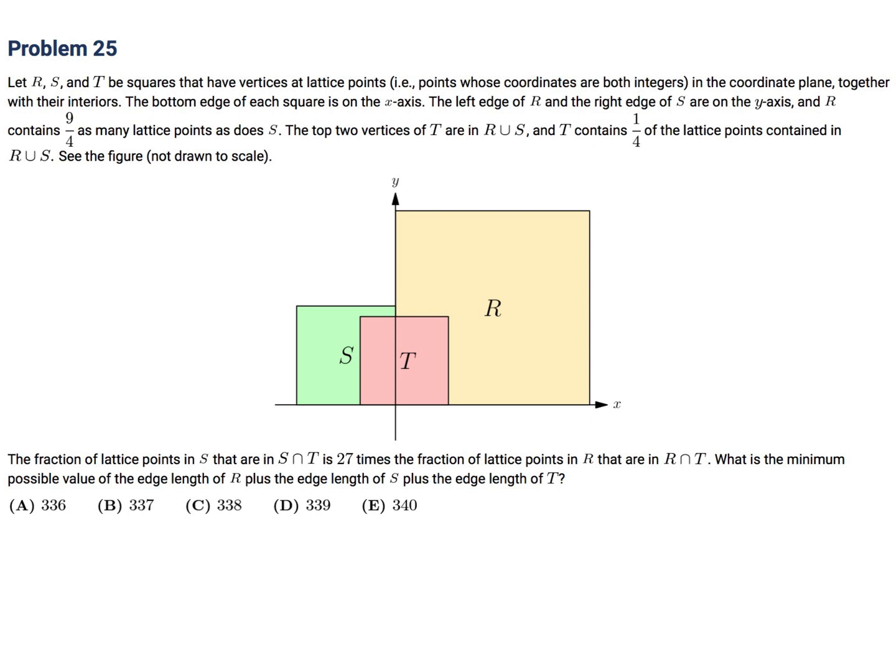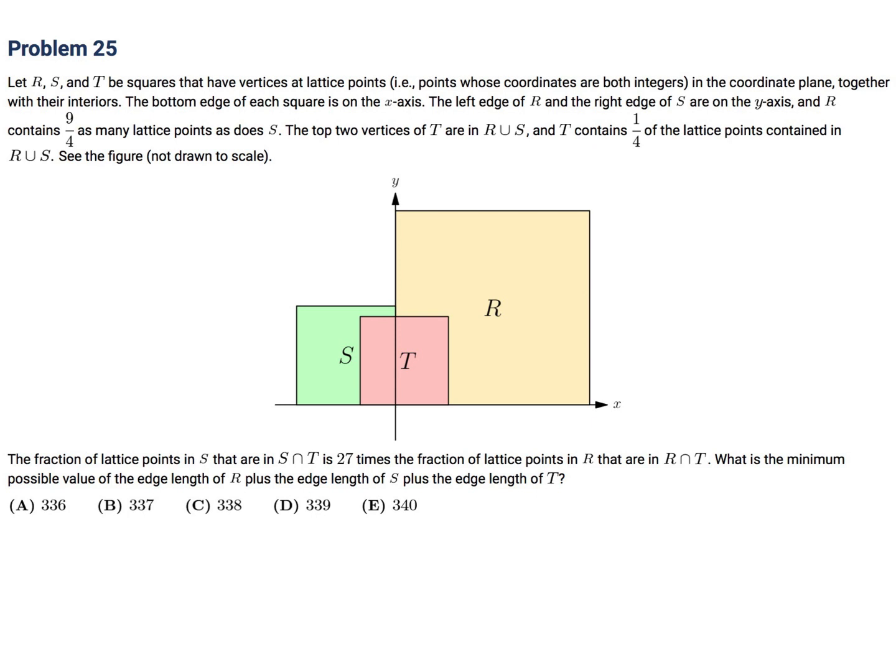Problem 25. Let R, S, and T be squares that have vertices at lattice points, points whose coordinates are integers in the coordinate plane, together with their interiors. The bottom edge of each square is on the x-axis.